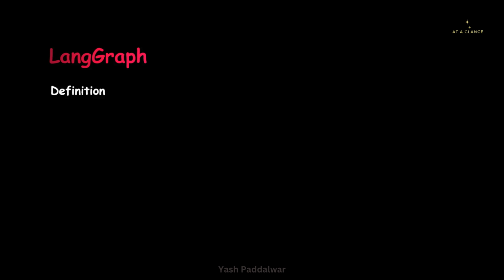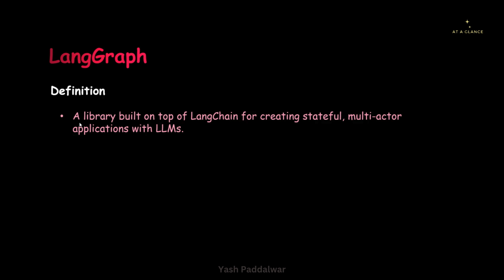By the definition, it's a Python library or a JavaScript library which is built on top of LangChain. I hope you guys are aware of LangChain because we have seen a lot about it in the previous videos of this particular series of generative AI. Now, this is for creating stateful multi-actor applications with large language models.